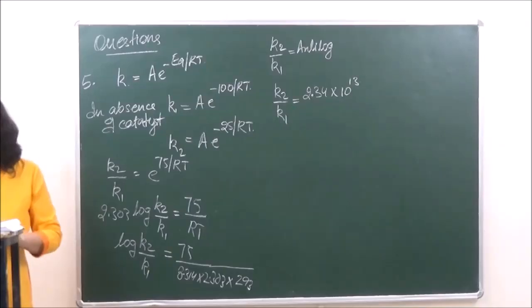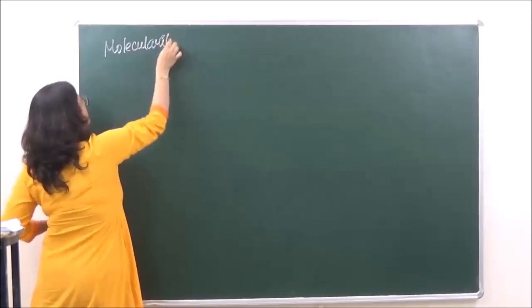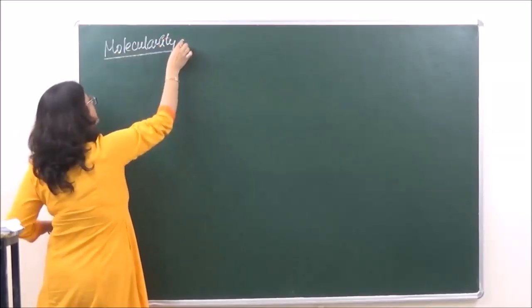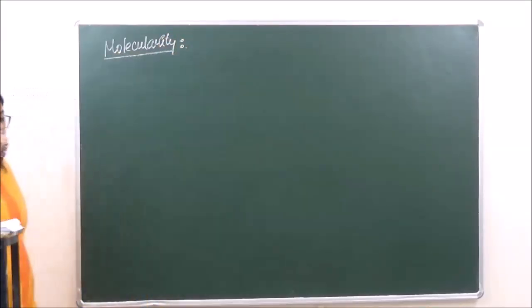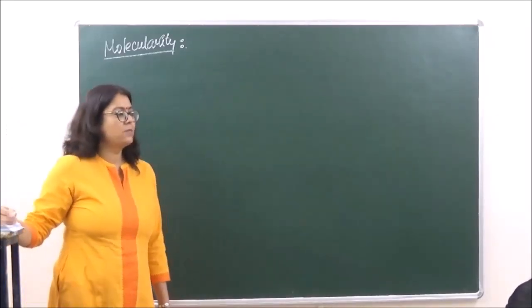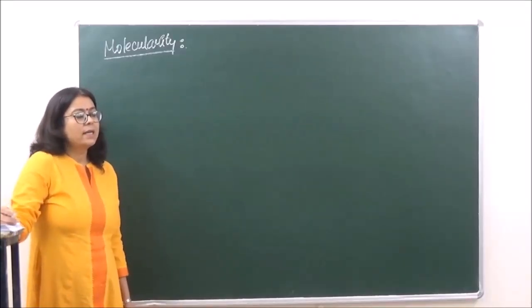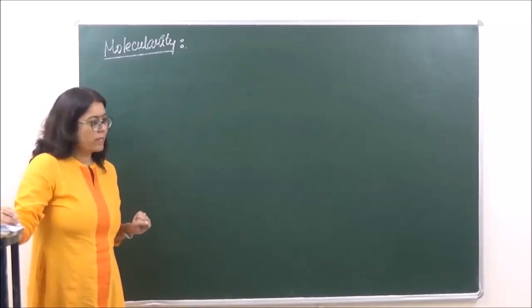Okay, so these were the questions which generally come from the Arrhenius equation. So let's go on to our next topic today, molecularity of a reaction. What do we understand by molecularity of a reaction? Basically, whenever a reaction is taking place, we have already studied that collisions of molecules are going to take place. Okay. Now there are many molecules which are going to collide together.